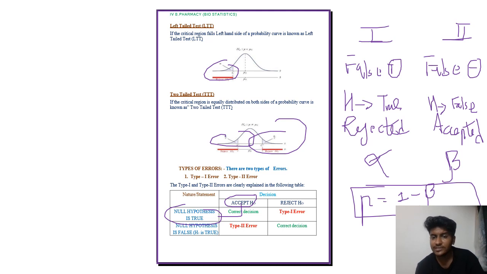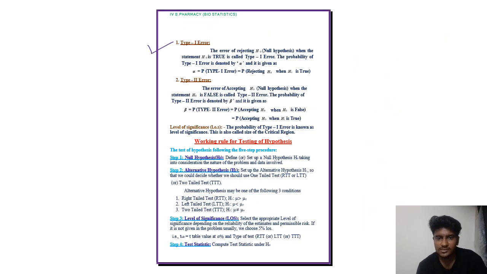Hypothesis is true but rejected, that is type 1 error. Here hypothesis is false and you're accepting it, type 2 error. Hypothesis is false, उसको reject कर दिया, that is the correct decision. You have to reject it if the hypothesis is false. So here you can see type 1 error, type 2 error, level of significance, all that I was talking about.